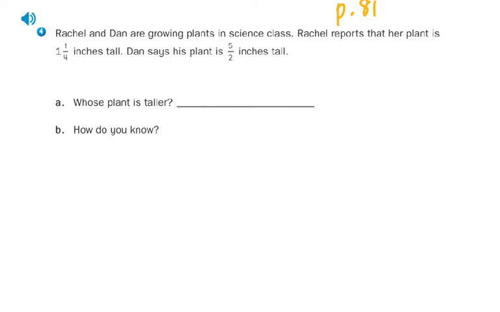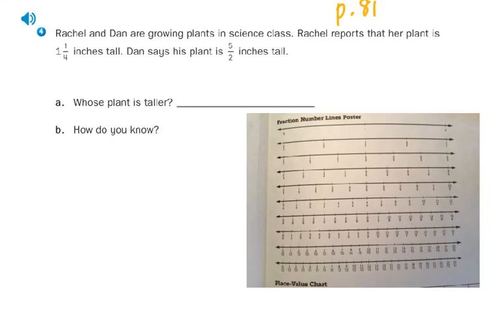Rachel and Dan are growing plants in science class. Rachel reports that her plant is 1 1/4 inches tall. Dan says his plant is 5/2 inches tall. Whose plant is taller? Well, we could use our number line. We also can use division.